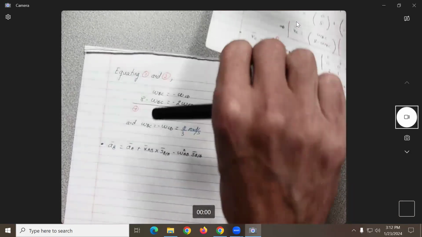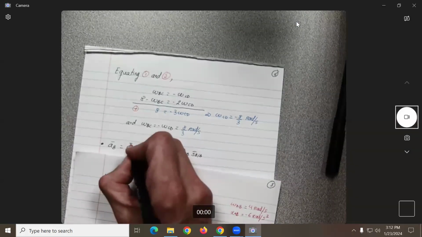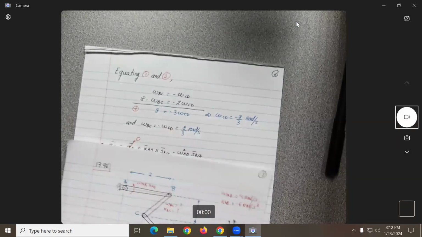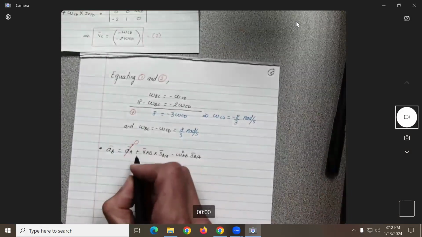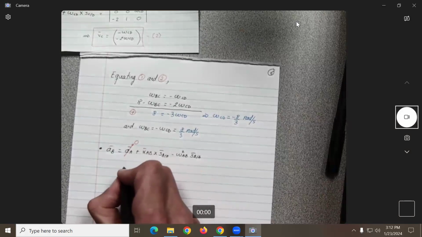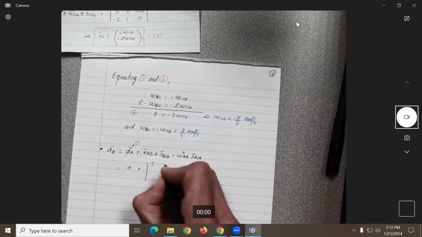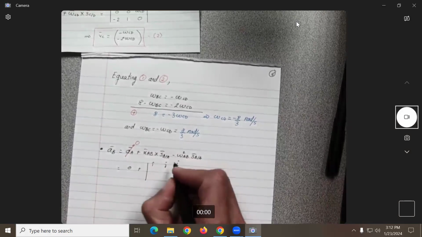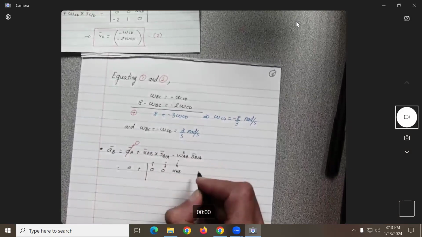A is the pin. So what should be the acceleration of A? 0. Here we go. More cross product. So we do this cross product. We're going to get here equals 0 plus i j k, 0, 0, alpha AB. Oh, we know alpha AB.